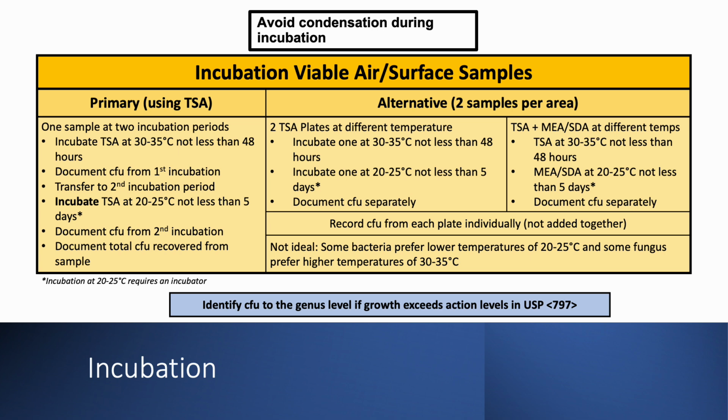Then we're going to transfer it to a second incubator and incubate at 20 to 25 degrees Celsius for no less than 5 days. Then we're going to stop and document our total CFU growth. Now, it's really important to remember that even though we're incubating at 20 to 25 degrees Celsius, and that is pretty much room temperature, we still have to incubate this in an incubator for control purposes.